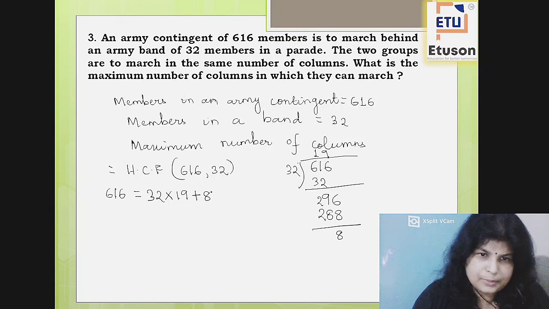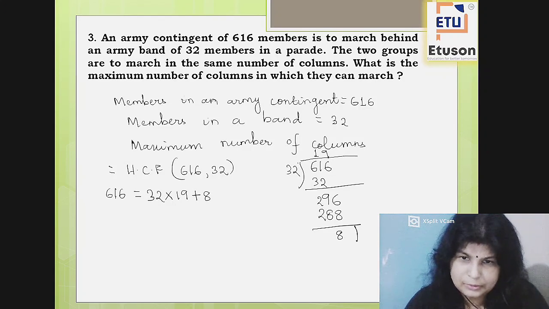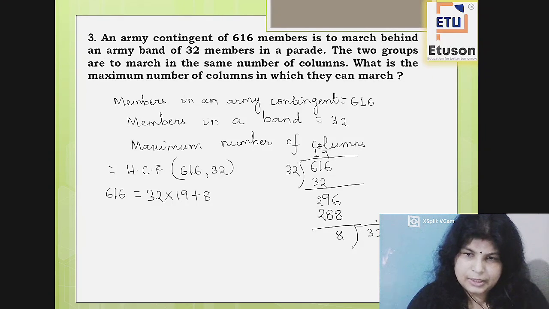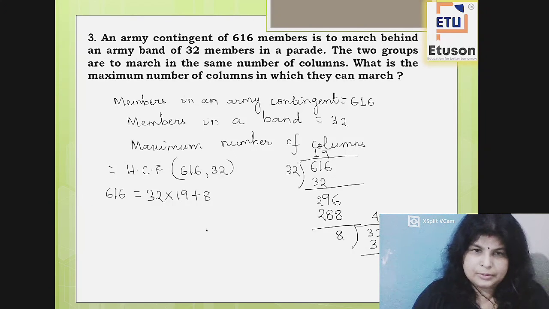So the remainder is not equal to 0. So the remainder becomes the divisor, and 32 becomes your new dividend. So 32 divided by 8, it is divisible, so you will write 4 here, and the remainder is equal to 0. Let us write it down in the form of Euclid division algorithm.